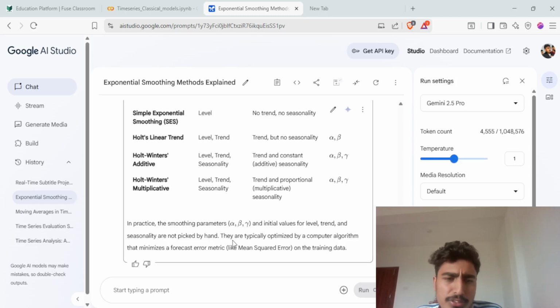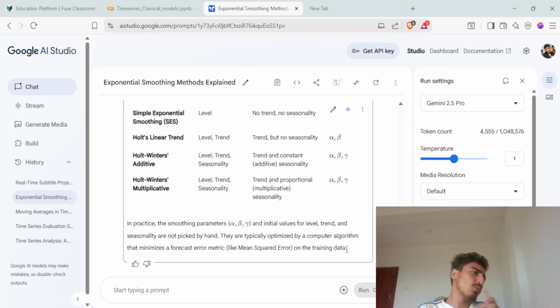In practice, the smoothing parameters and initial values of level, trend and seasonality are not picked by hand. They are typically optimized by a computer algorithm that minimizes forecast error metrics like MSE on the training data. It means we won't be passing the weights ourselves, like we passed weights 1, 2, 3 in the weighted moving average.